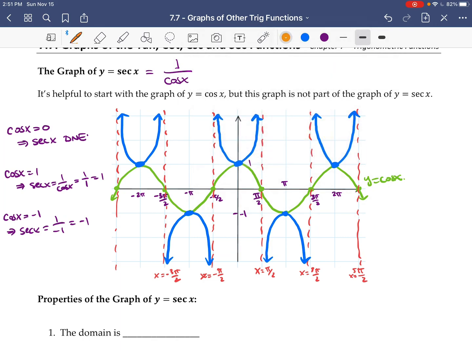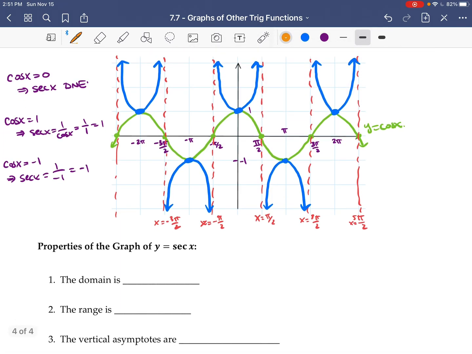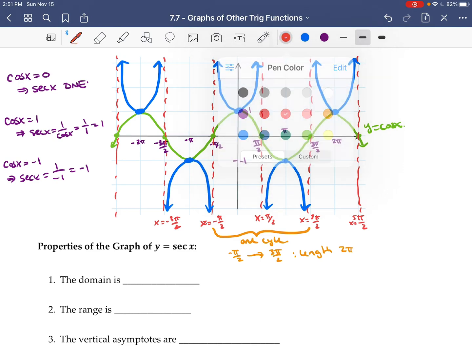Now when we want a period, we need a positive one and a negative one. So this would be one cycle. It goes from negative pi by 2 all the way to 3 pi by 2, and that is a length of 2 pi. Those have the same terminal side, so that's a full rotation.